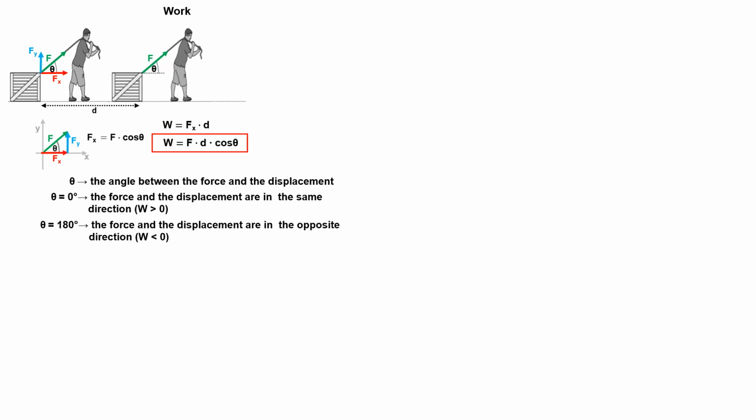If the angle between F and d is 90 degrees, the force and the displacement are at right angles to each other. Forces perpendicular to the direction of motion do not do work. This means that no energy is transferred in the direction of the force. This may seem rather irrelevant since, at first sight, a force at right angles to a direction of travel seems impossible.